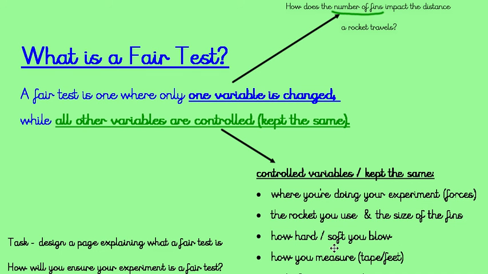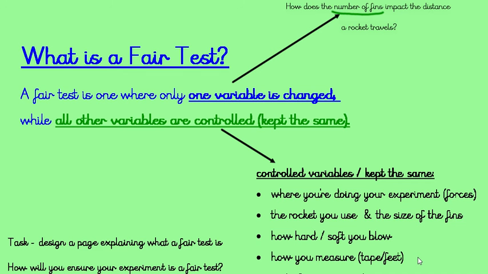If you are only half filling your lungs and you're doing a softer blow, then you'll need to do that each time you blow or launch your rocket. You'll need to make sure the way that you're measuring remains the same. So you could use a tape measure or you could use your feet to measure, but however you do it, it needs to remain the same each time.